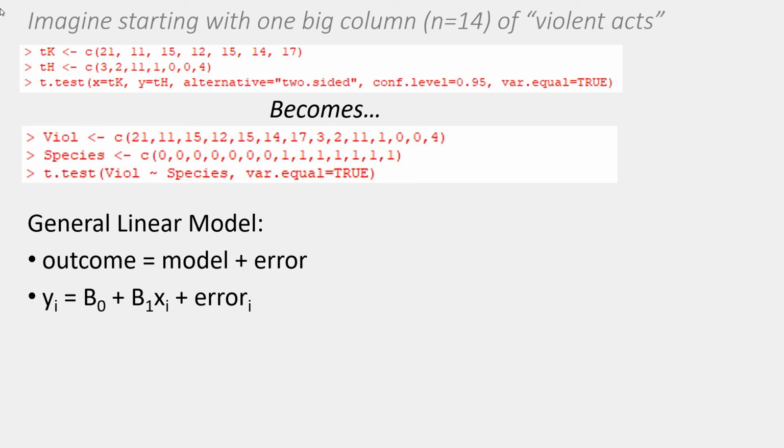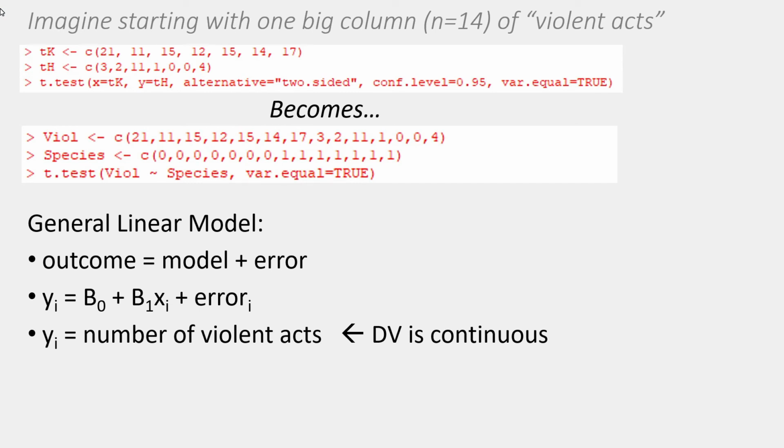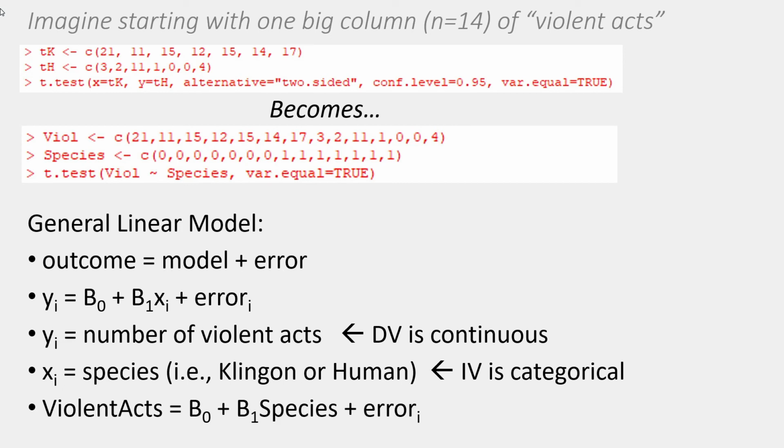In t-test language, we ask, would we be surprised by these data if there were no group differences on the second variable, Klingon versus human? Expressing this in terms of the general linear model, we have violent acts equal beta sub naught, your y-intercept, plus beta sub 1 times species, plus some error.